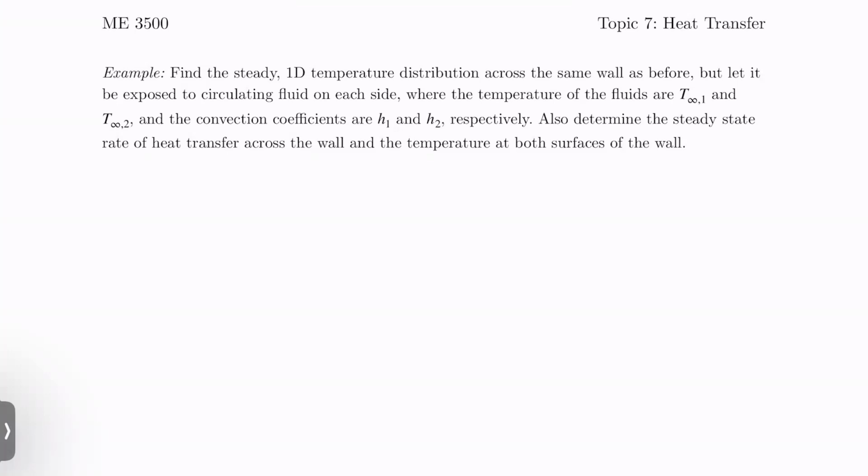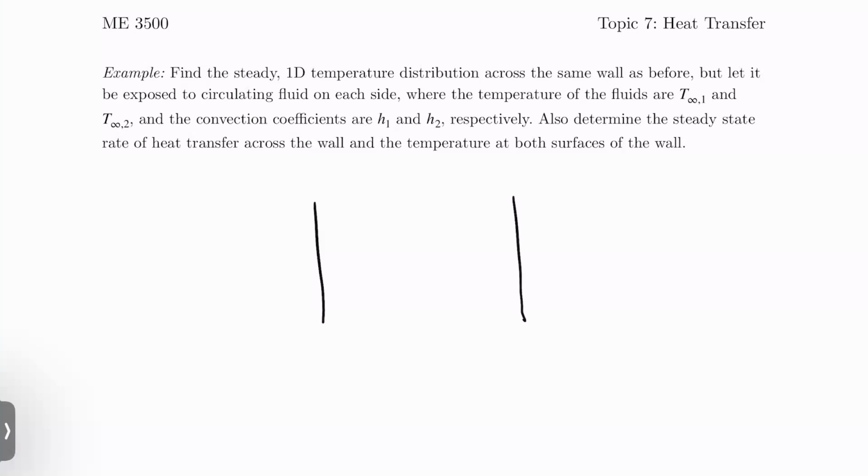So we have ambient temperatures T infinity 1 and T infinity 2, and then we have convection coefficients h1 and h2. So this is a little bit trickier, right? So we have those convection boundary conditions on both the left and the right-hand side. So I'm going to just sketch out this problem really quick.